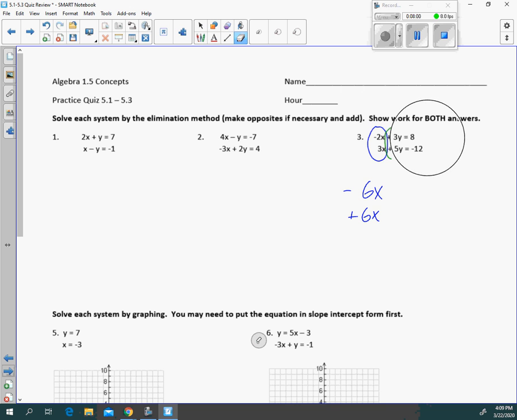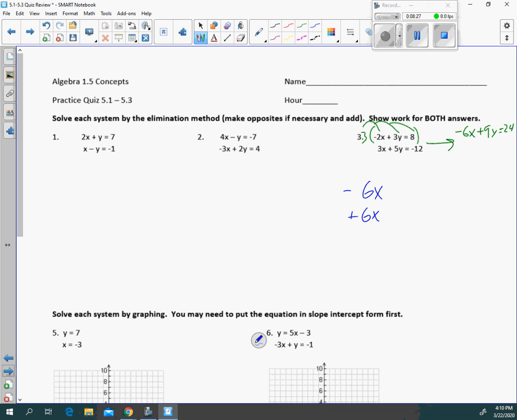Everyone understand that? Okay? So in order to make this first equation negative 6, I just need to multiply it by 3. And that goes to each and every piece. I'm going to go ahead and rewrite those over here. That gives me negative 6x plus 9y equals 24.